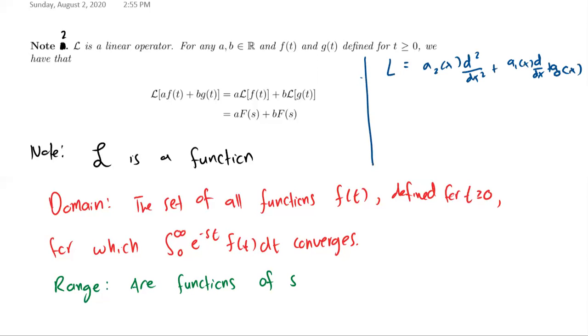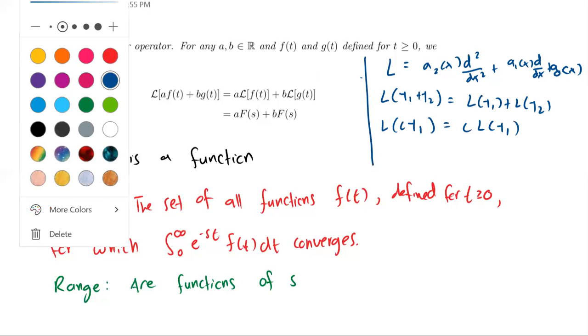So if you remember, you did an example in the homework where you had to show that this function satisfied that L of y1 plus y2 is the same as L of y1 plus L of y2. And you also have to verify that for any constant c, L of c times y1 was the same as c times L of y1. Well, these two properties together are called the linearity property.